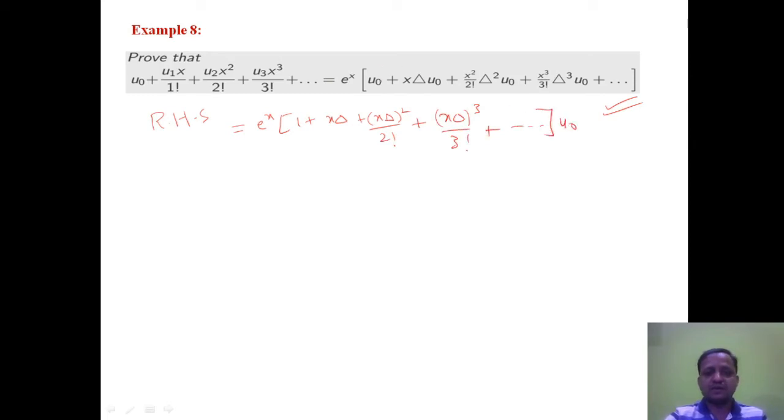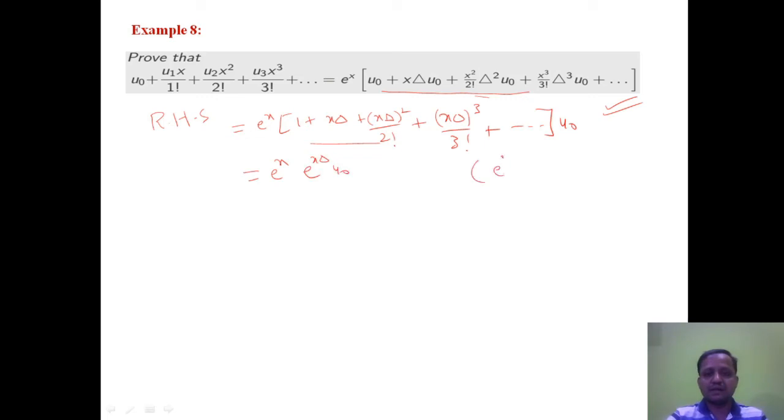So why do we need to take u naught common? Here the left hand side contains u naught, u1, u2, u3, which means a shift is applied on the right hand side part. This means this bracketed part will give us the shift operator. How? Here e power x delta u naught: this bracket part represents the expansion of e power x delta u naught.